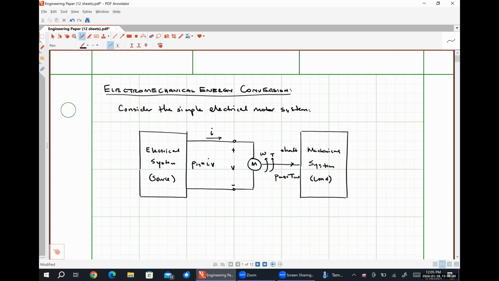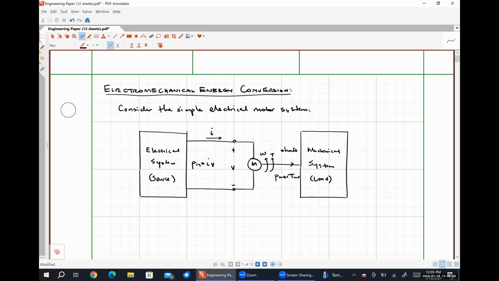So we have an electrical power as our input that is converted into mechanical power at our output by our motor, which is serving as an electromechanical energy conversion device.